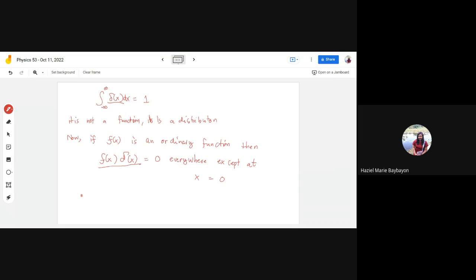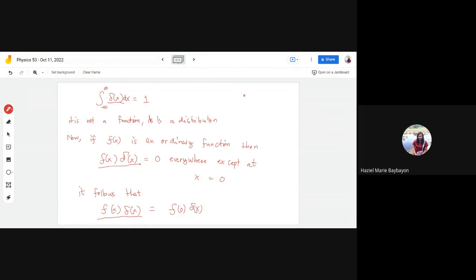So it follows that f of x multiplied by the Dirac delta function is just equivalent to f of 0 multiplied by the Dirac delta function. Meaning to say, this function is just equal to f of 0. For example, what is the meaning of f of 0?